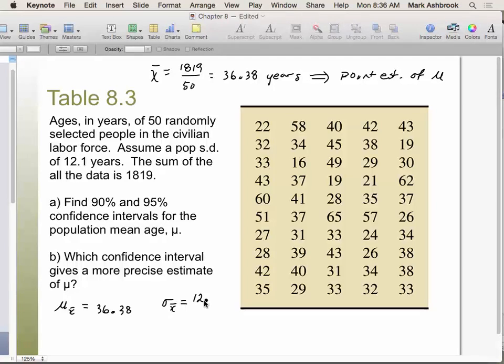And how'd you get that? I did standard deviation divided by the square root of 50. Good. And you said that was 1.711. Okay, so that's what our confidence interval is going to be based on. So what did we find for a 90% confidence interval? How many standard deviations above and below? Plus or minus?